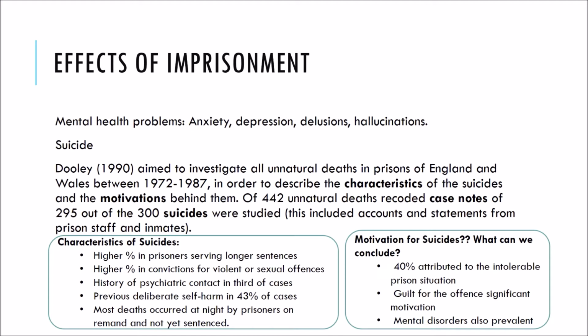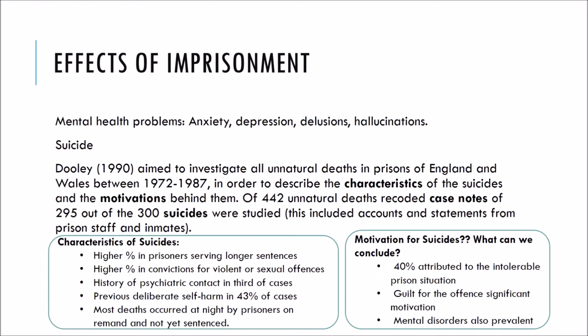In terms of the key themes that appear in the case studies, this includes statements of prison staff and other inmates, that a high percentage of prisoners who were serving longer sentences committed suicide.